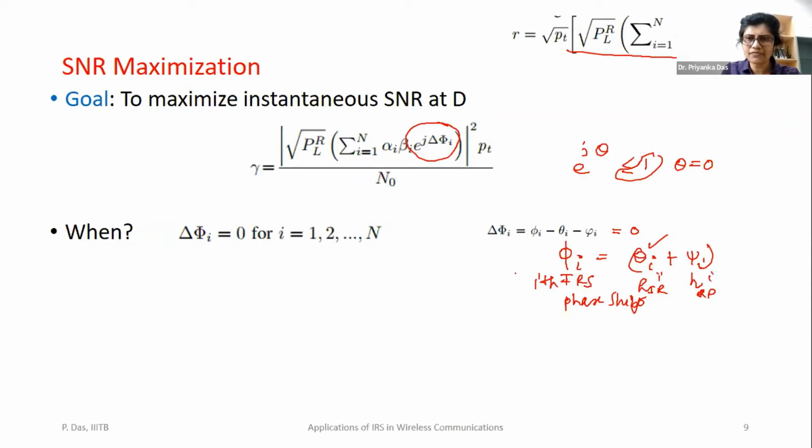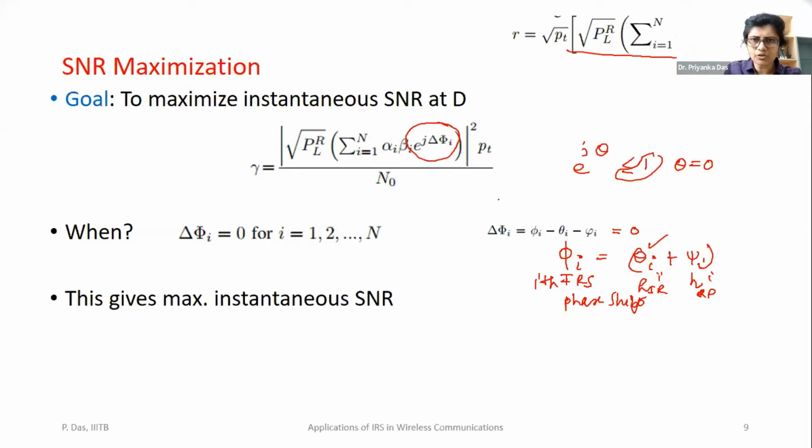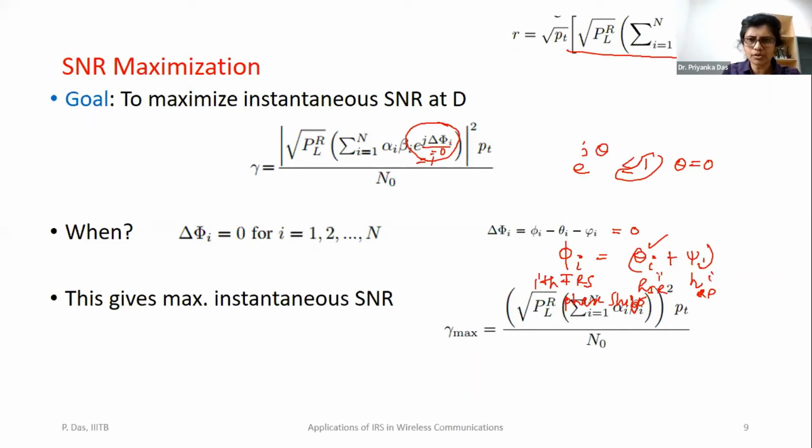So that's my first level of understanding. Substituting back, I will get the maximum instantaneous SNR, where e to the power 0 is 1. So you will know your maximum SNR.